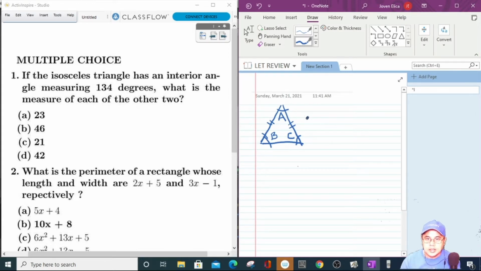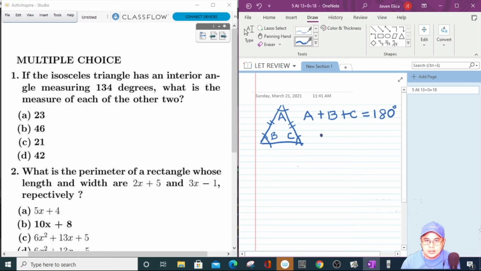Right? And recall also that the total of the angles of a triangle, of all triangles, is equal to 180 degrees. Okay, so you need to remember that one.